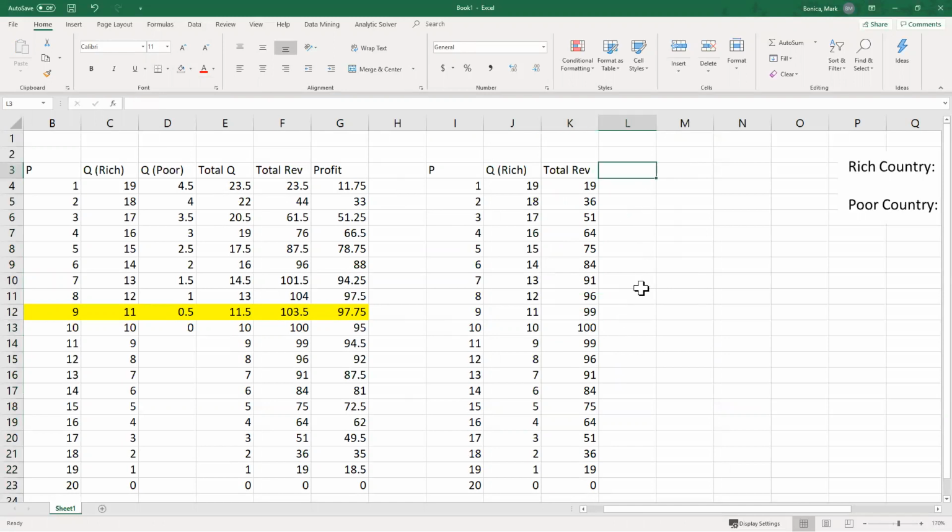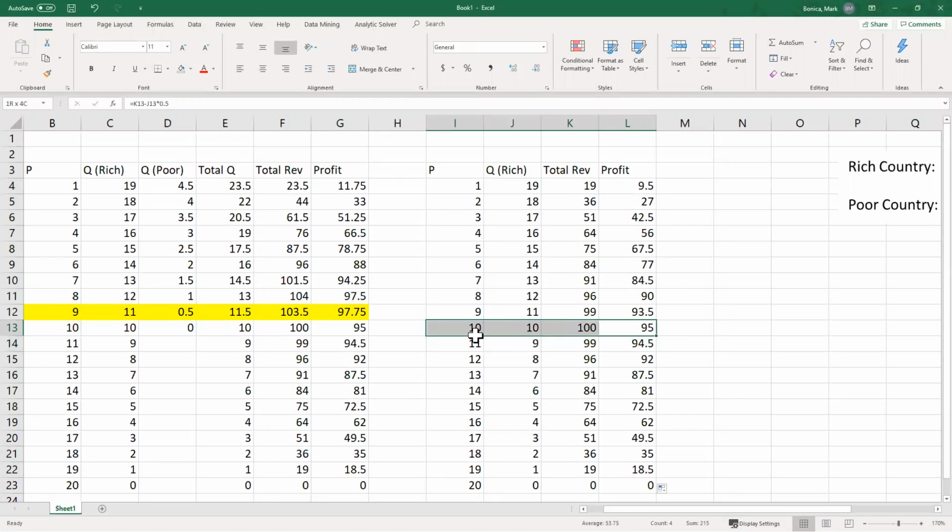And then profit, since it still costs a half a unit to produce, will be total revenue minus quantity times 0.5. So bring that down. And what we can see is that the profit maximizing quantity is actually 10 in the rich country.